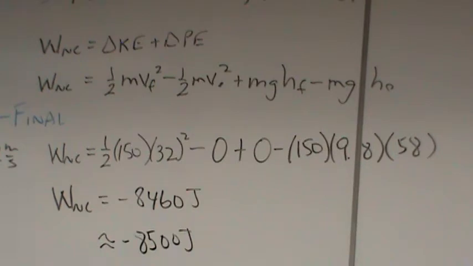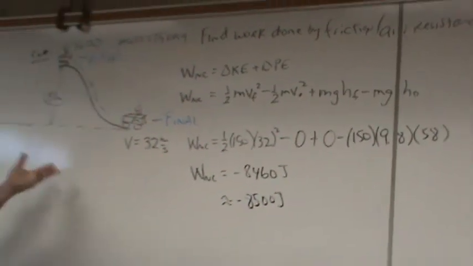Does it make sense that the work would be negative? Why does that make sense? Someone just tell the class. Good. Why do they do negative work? Thank you. Not the opposite direction of acceleration, but the opposite direction of its motion, of its velocity. Yeah. Friction and air resistance always oppose your velocity. So they're doing negative work.